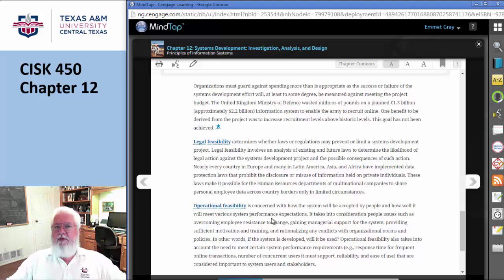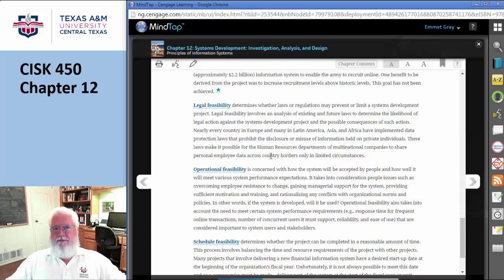Operational. This is more about the human aspect of that. This is all about, if I do this, are my people going to be able to do it? Are they prepared for this? So this is all about user pushback, ease of use, those kind of things, because there are situations where you'll put together a system and the users say, I ain't doing it. I've seen it happen.